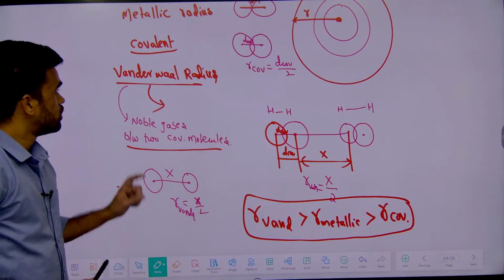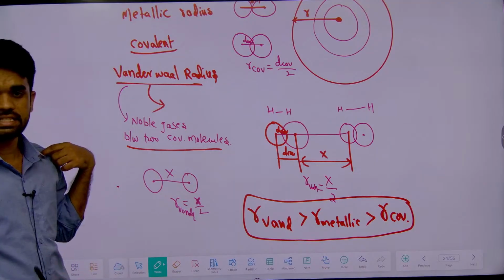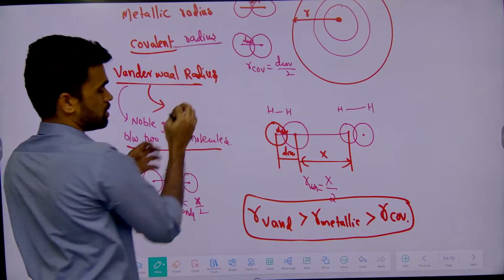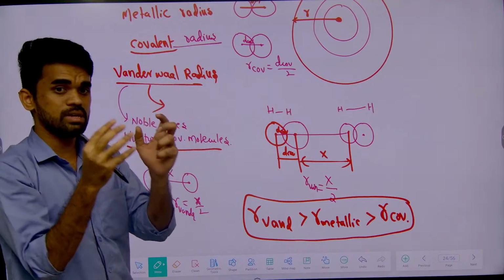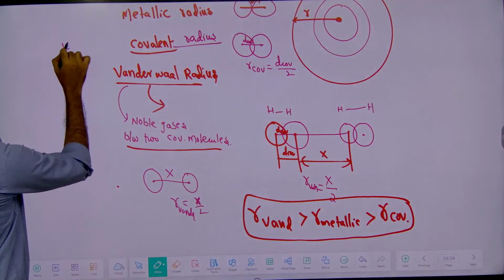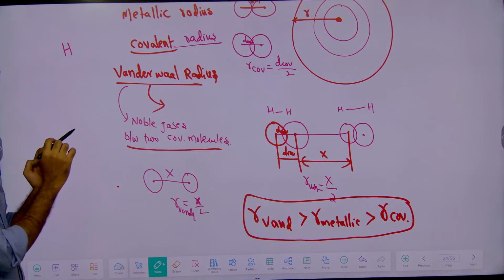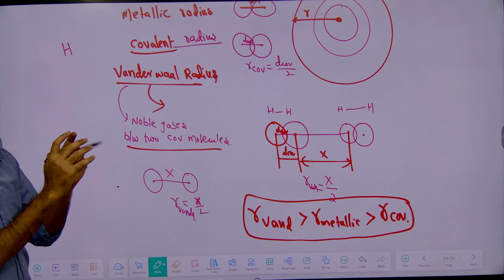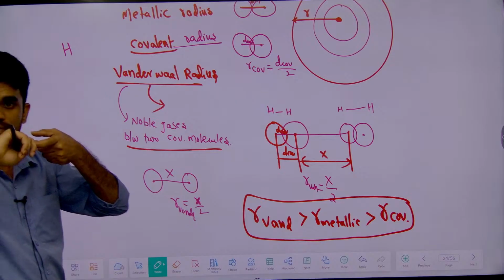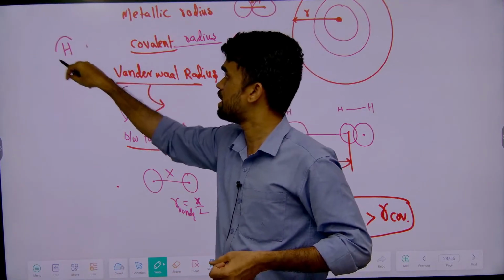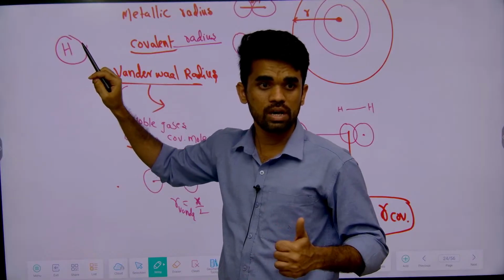When we use covalent radius, it is for the normal molecules, or the elements which form covalent bonds, like hydrogen. Tell me, does hydrogen exist in atomic form or molecular form in nature? Molecular form. That molecule is formed by sharing of electrons only, no? So its distance or radius is expressed in terms of covalent radius.